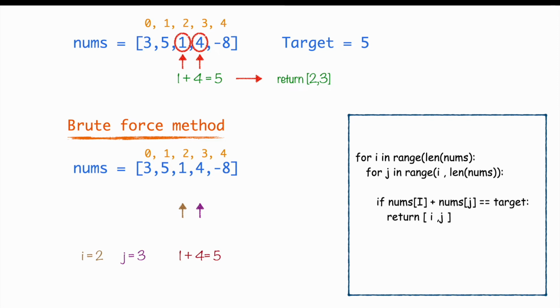Using my example, I use I as the outer loop, and the inner loop will be J. The outer loop will be looping from 0 through the length of the array. In J, however, we always want to start wherever I is, and it will loop through the end of the list. And once the numbers add up to our target, we just need to return them, and that will be it.